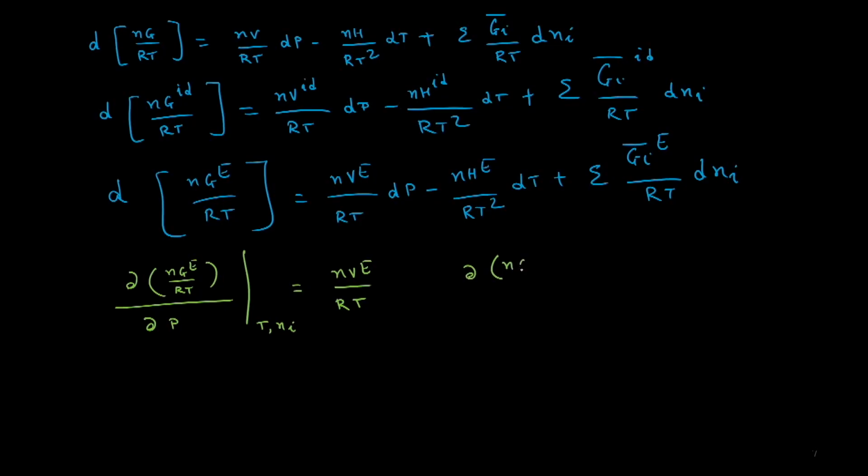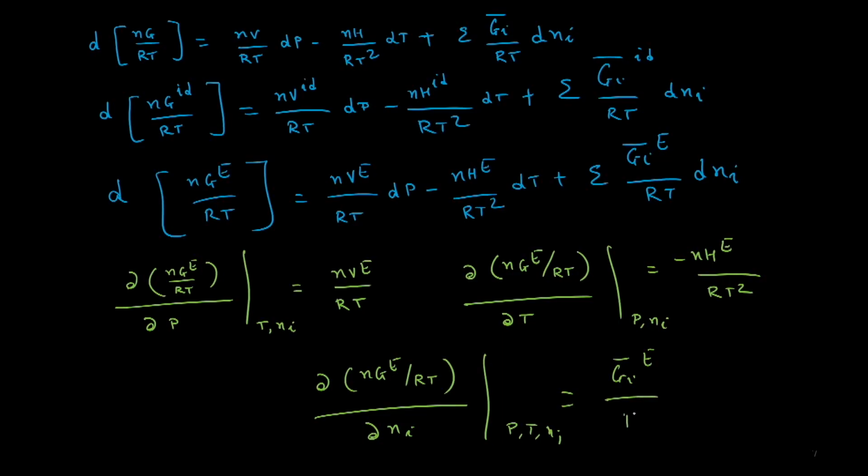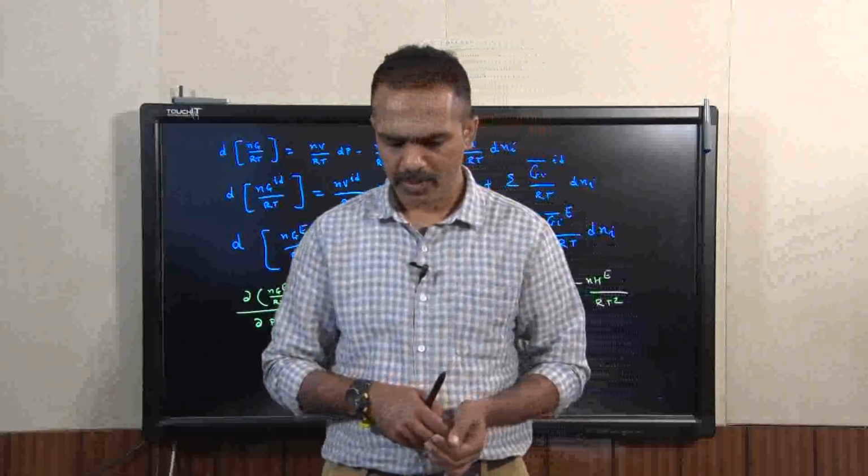The derivative of nG^E by RT with respect to temperature at constant pressure and n_i is going to be negative nH^E by RT squared. And finally, the derivative of nG^E by RT with respect to n_i at P, T and n_j is going to be G_i bar E by RT. So again, these relationships are exactly identical to the ones in residual properties or the total properties.